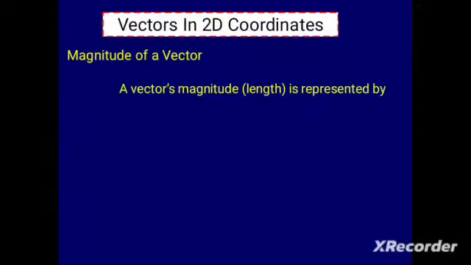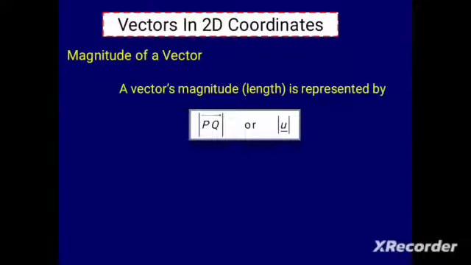Now let's look at vectors in 2D coordinates. This is the two-dimensional coordinates of a vector. We are starting with the magnitude of a vector. A vector's magnitude is represented by PQ, of course, this is an example. PQ is vector PQ, and then the magnitude of this vector PQ, you have to put these side bars to show that it is the magnitude.